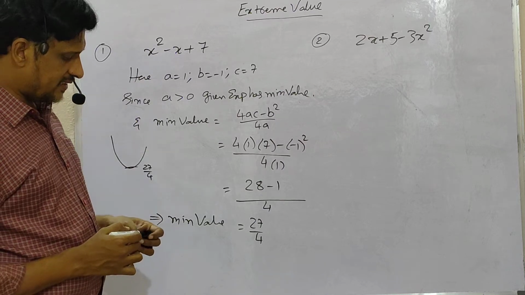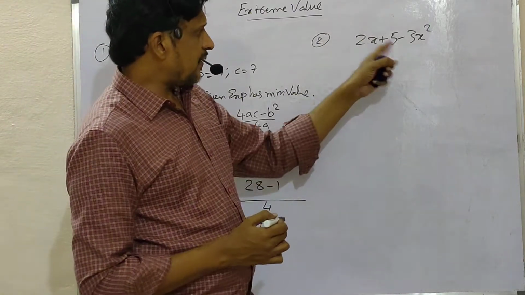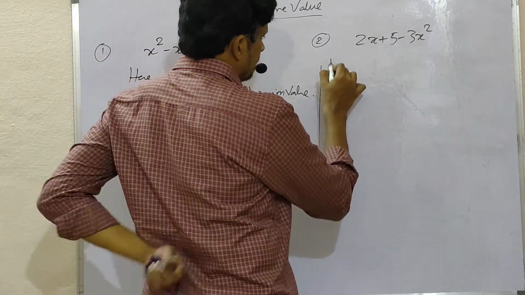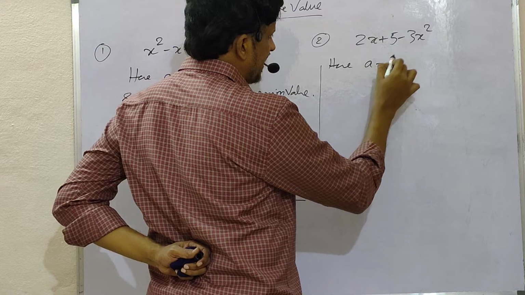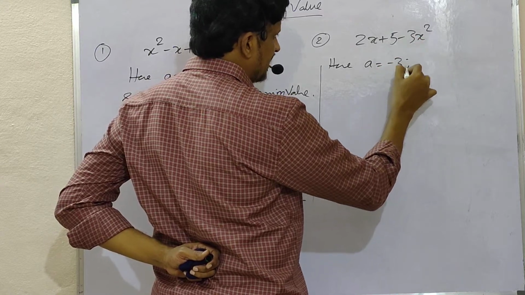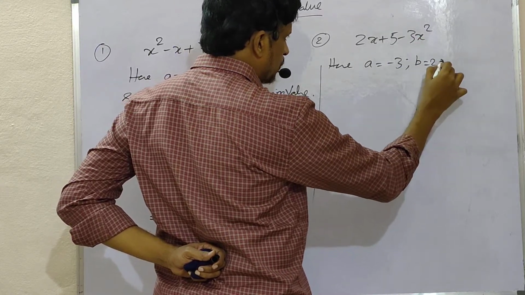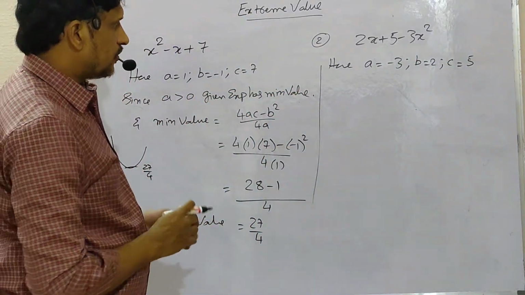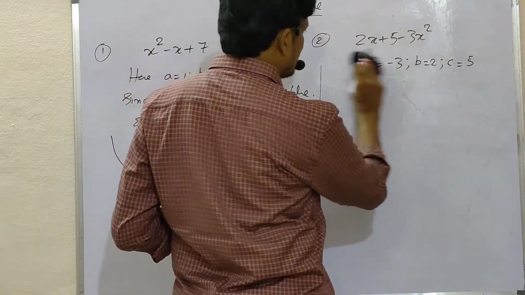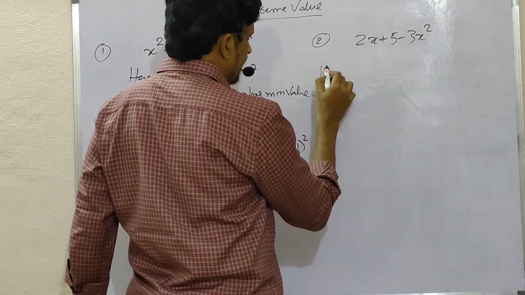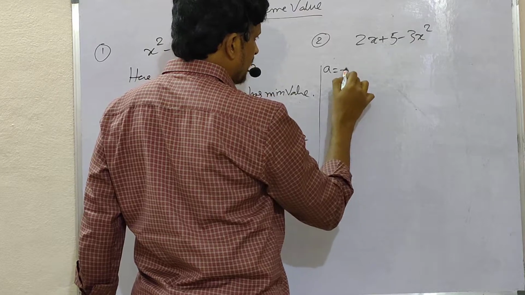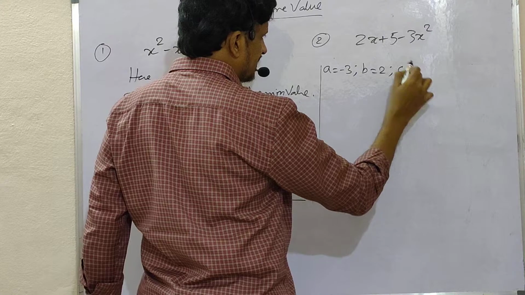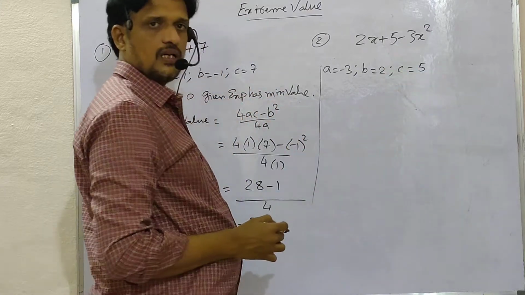And now the second one is 2x plus 5 minus 3x square. Compare with the standard form: the coefficient of x square, a, is -3, the coefficient of x, b, is 2, and the constant c is 5.